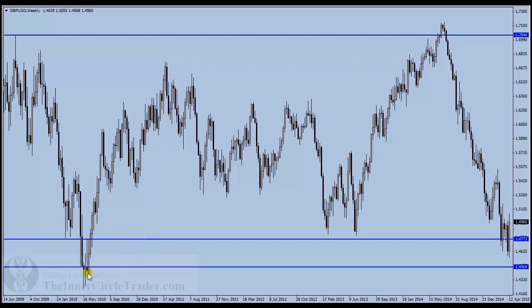So we have this range to consider for all this buying. Okay, as price drops down into this, we are anticipating something that would stall. Okay, price moving lower doesn't mean it's going to stop going lower longer term.